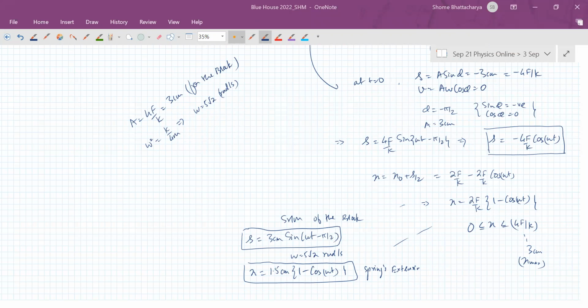Those of you who have the module in front of you right now, just turn to page 59, I think, or thereabouts, of the module of SHM. There's module number 5. So there's this question of combination of springs. I'll just bring it up in a moment.